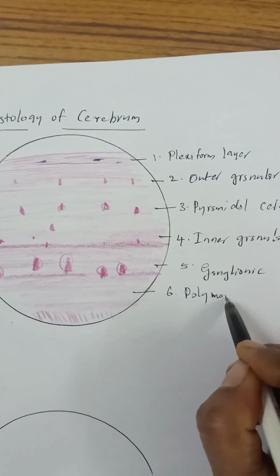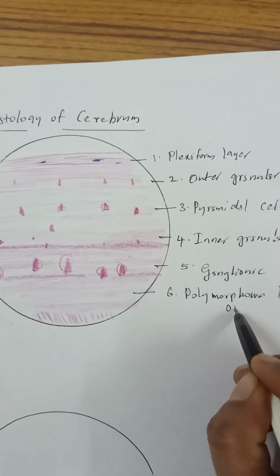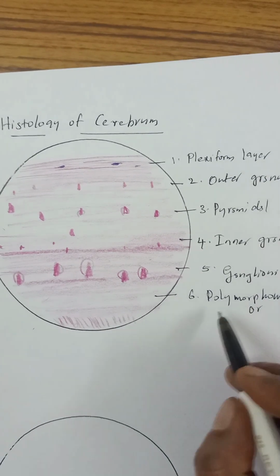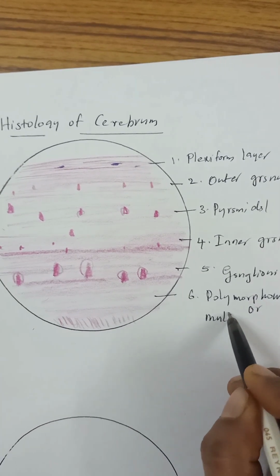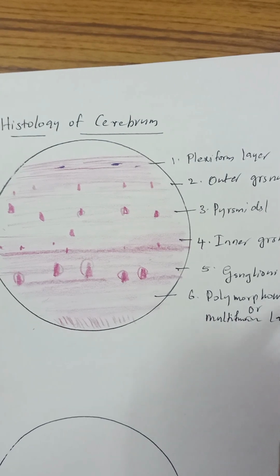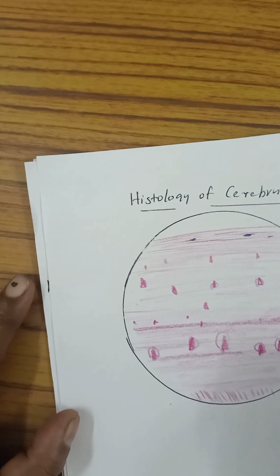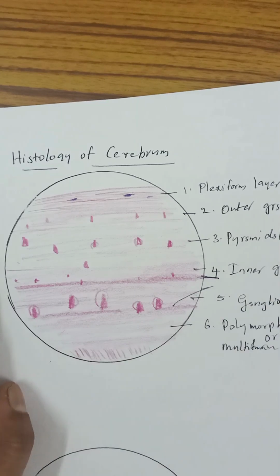This polymorphous layer is otherwise known as multiform layer. Now see, there are two bands of Baillarger I mentioned. So here is one, here is another.